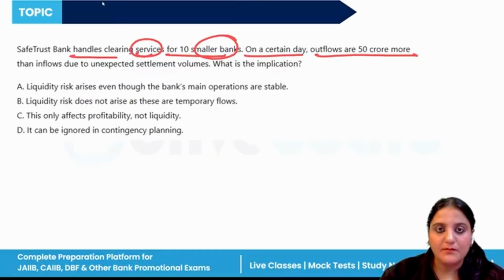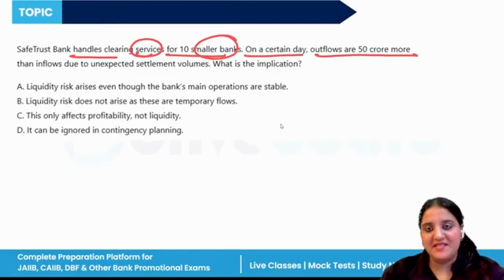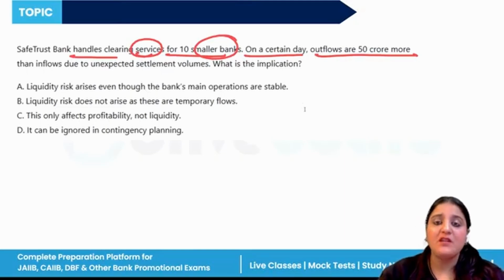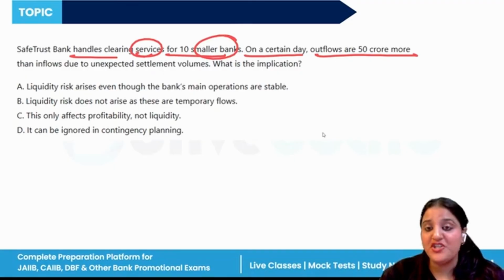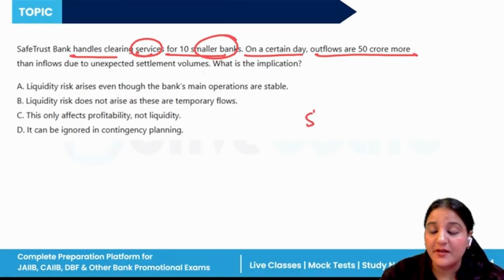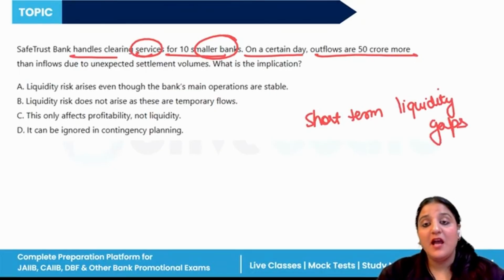Simple answer. Banks have business operations that generate unpredictable cash flows, right? These operations require maintaining excess liquidity to meet any unforeseen fluctuations. Even predictable operations like clearing can create short-term liquidity gaps, right?